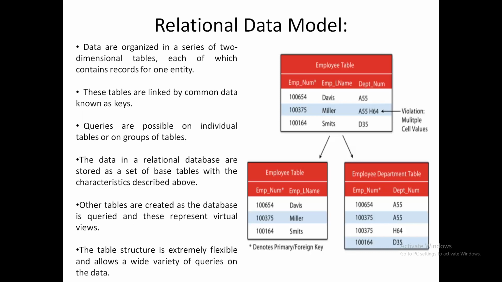If I'm searching for Miller in the table, I want a unique value for Miller, because two or more people can have the same name. I cannot fetch the data reliably that way. So each row has one unique identity value for fetching the data, and that is called a primary key. In this table, employee number is the primary key. So this is the base table.